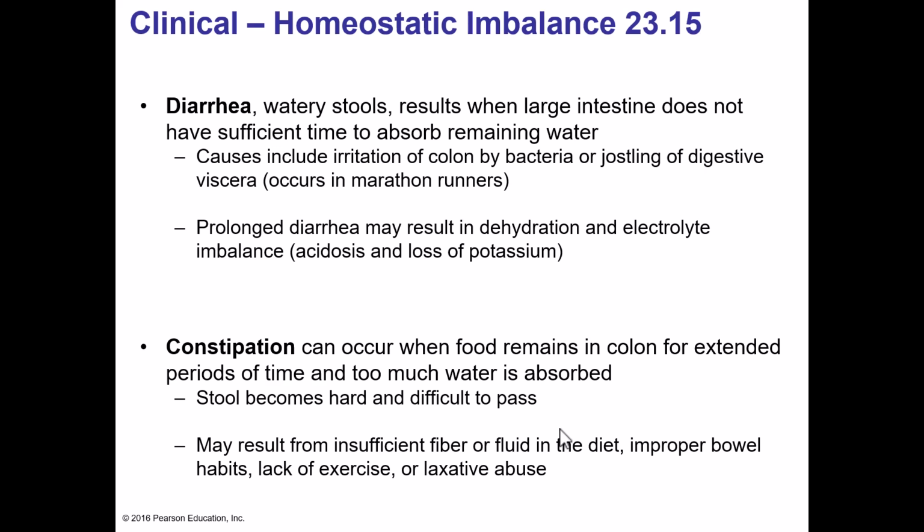This can be caused by irritation of the colon, maybe some bacteria, even the jostling of your digestive organs. This happens a lot in long distance runners, just because they're jumping up and down, and all those digestive organs are getting jostled around, and that can affect how much water can get absorbed. But it can lead to dehydration and an electrolyte imbalance.